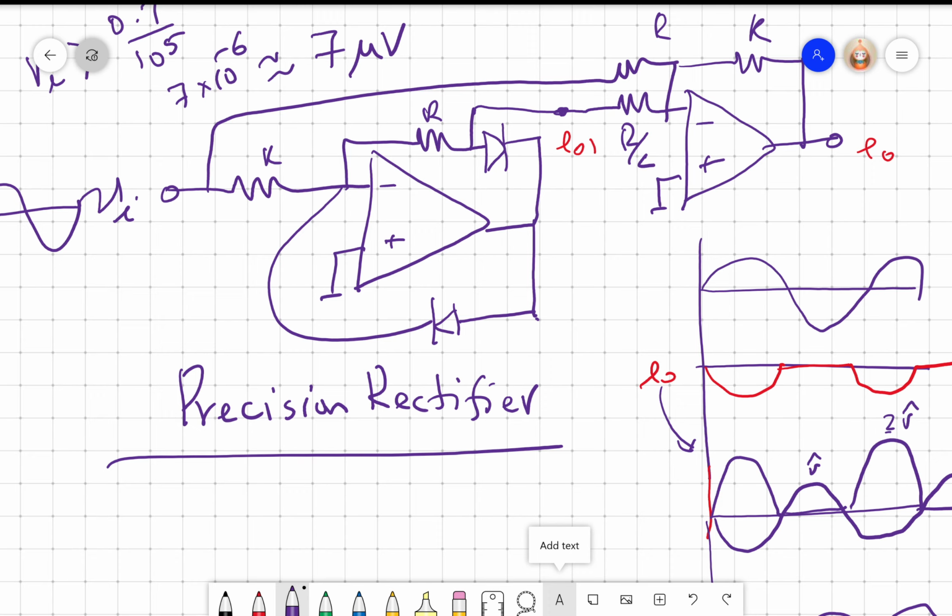So in all those applications, what we do is we use a precision rectifier, right? And the moment I use a precision rectifier, I don't need an amplitude demodulator, right?